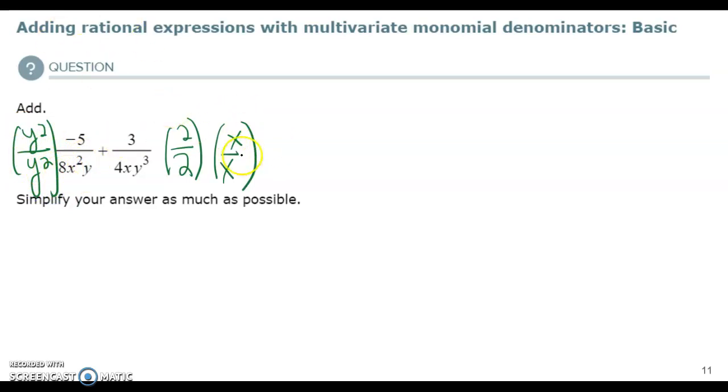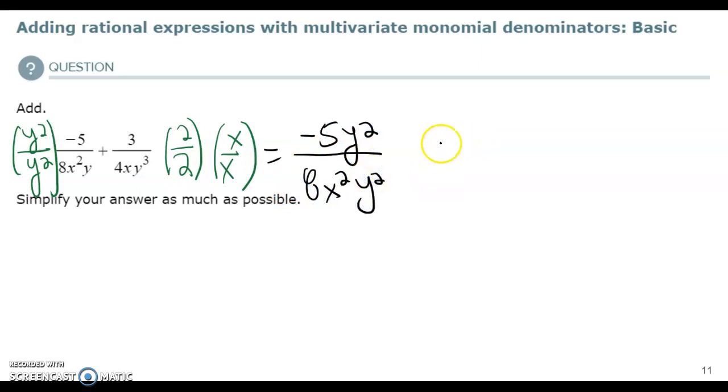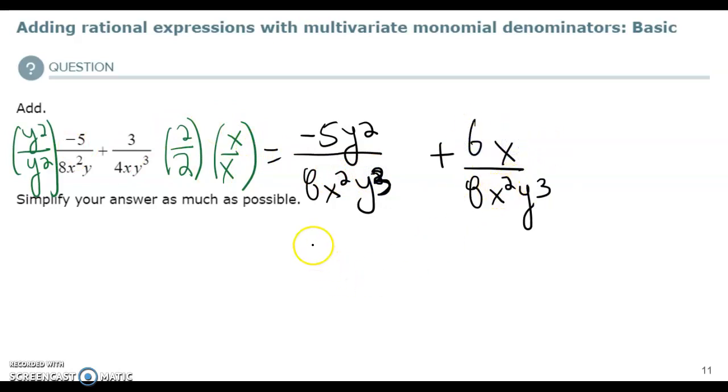Then we can go ahead and rewrite it. And I see that my denominators are the same now. And then I can continue to add across my numerators because my denominators are the same.